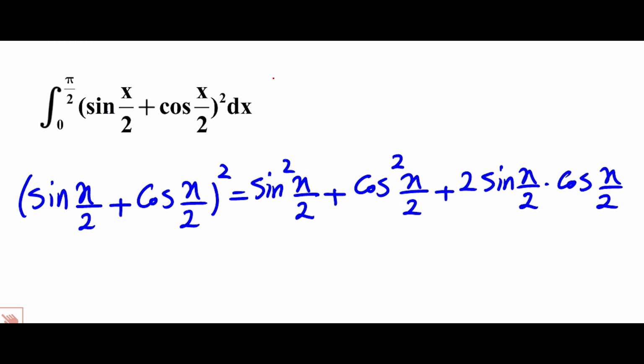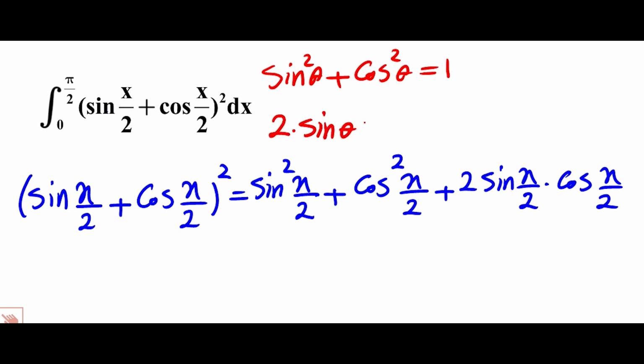And as you know, sine squared theta plus cosine squared theta is 1, and 2 times sine of theta times cosine of theta equals sine 2 theta, right?